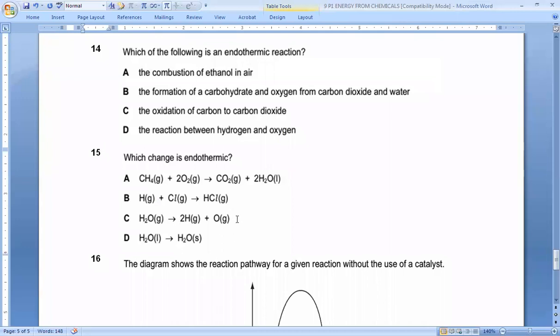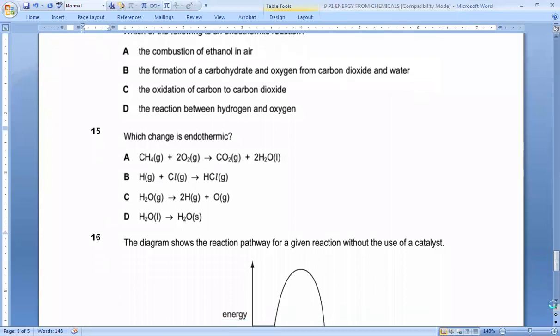Solid changing into gas, no problem. Gas changing into gas, no problem. Gas into liquid, liquid into gas, no problem. All of them are endothermic. This reaction C is called decomposition reaction, and decomposition reactions are examples of endothermic reactions.